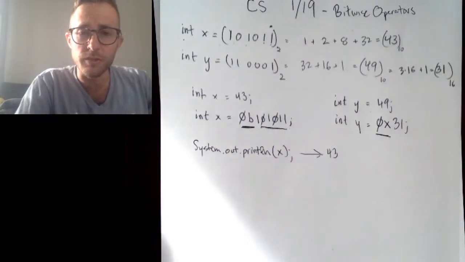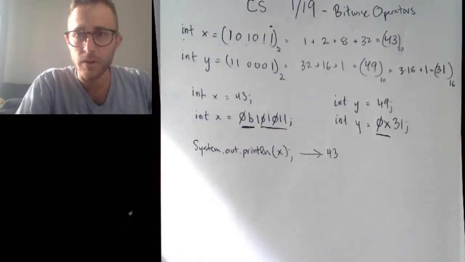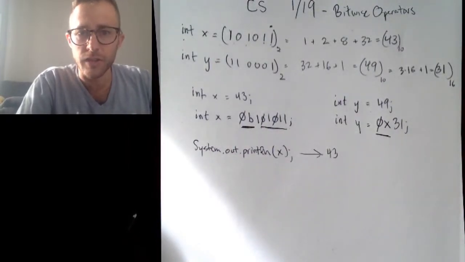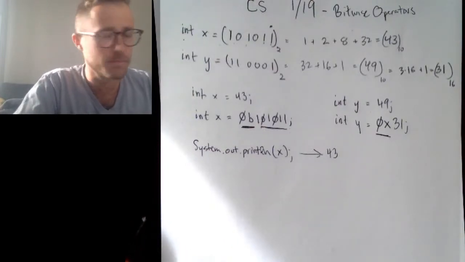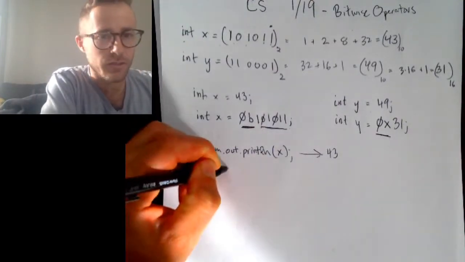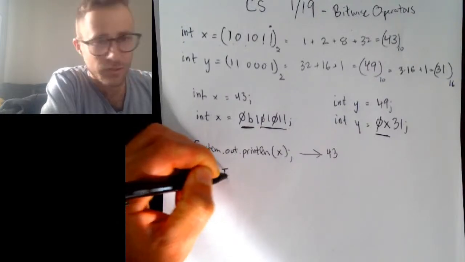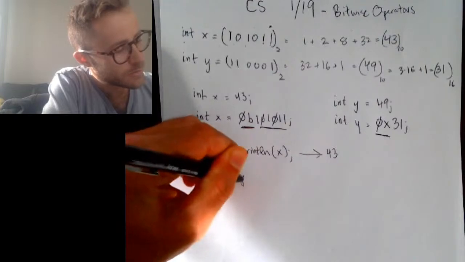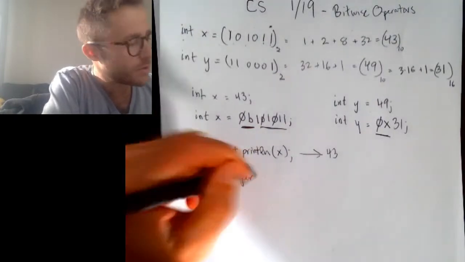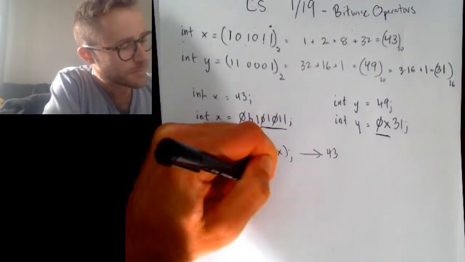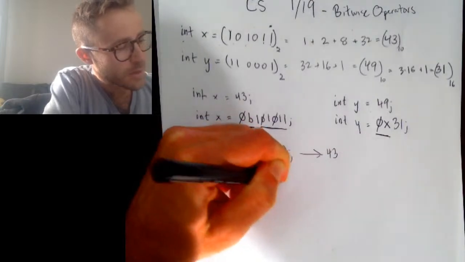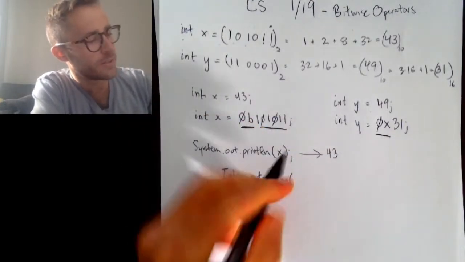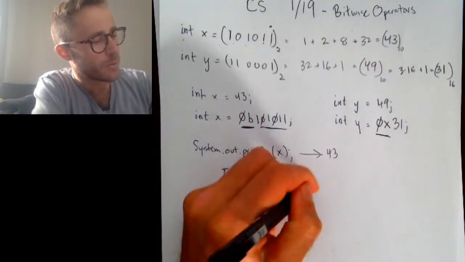But you can force it to be in a different base. It turns out that there's a static method of the Integer class, Integer.toString, and then we would feed in the integer x and then the base that we wanted.